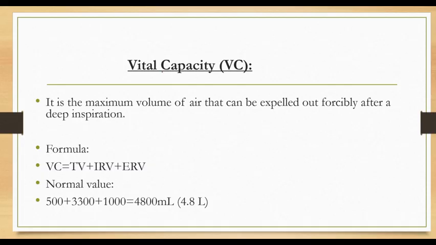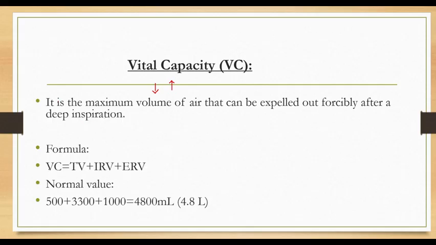Vital capacity. When you take a really deep breath in, like you are about to blow up a big balloon, and then you breathe out as much air as possible, that full amount of air you breathe in and out is called vital capacity. Let's see the definition. It is the maximum volume of air that can be expelled forcefully after a deep inspiration.